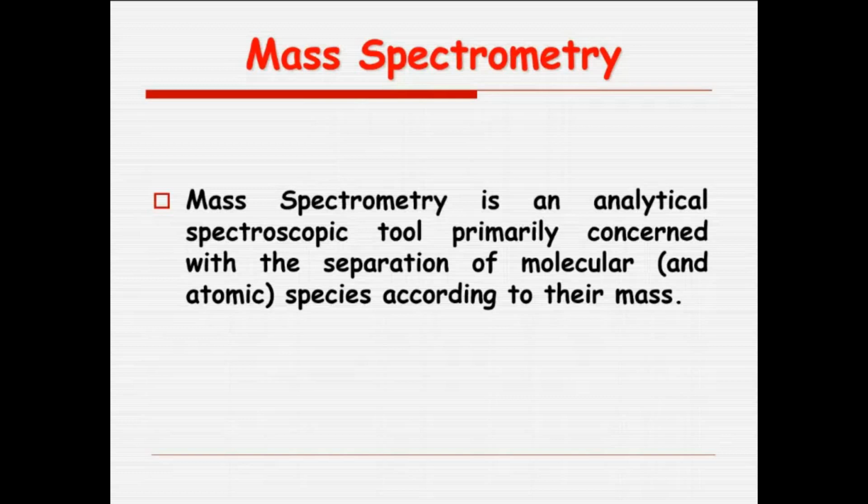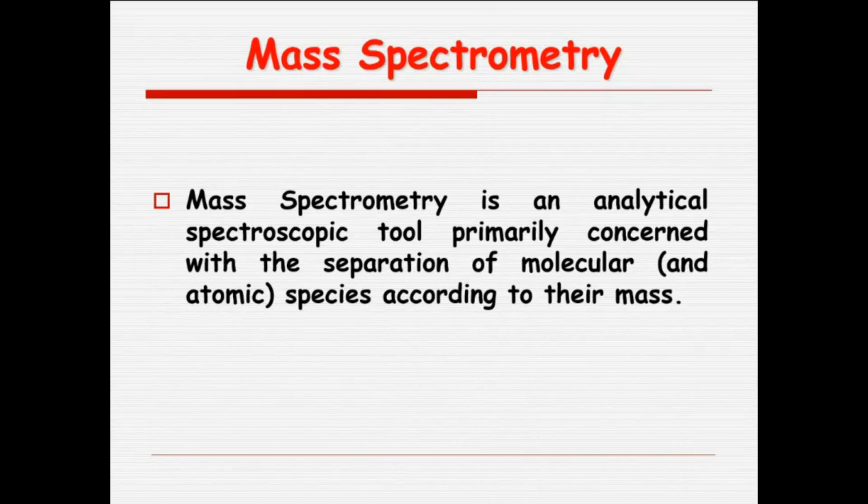Basically, mass is a spectrometric technique because you can find the mass and there's no radiation. So it's known as spectrometric technique, not spectroscopy. Spectroscopy means we are going to use radiation, but here we don't use radiation.